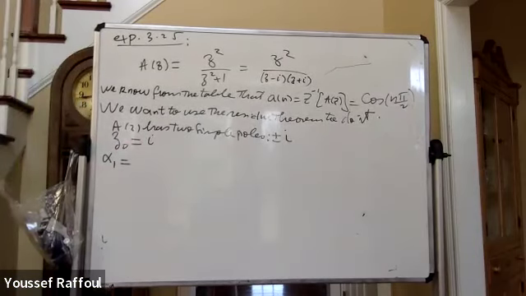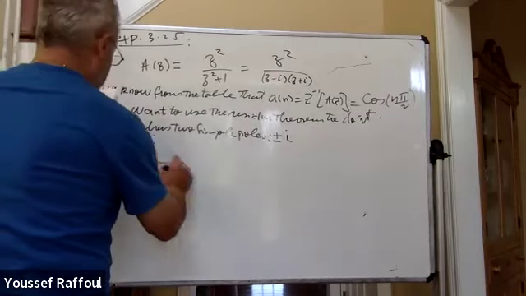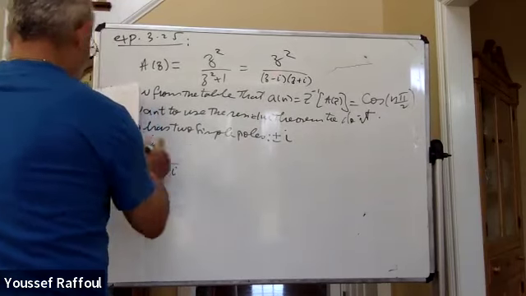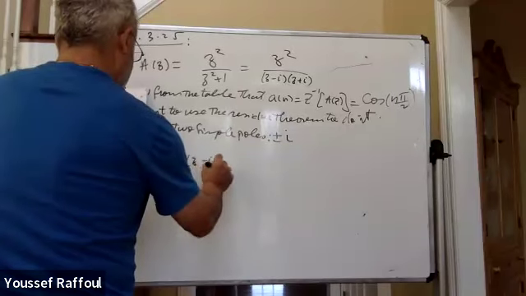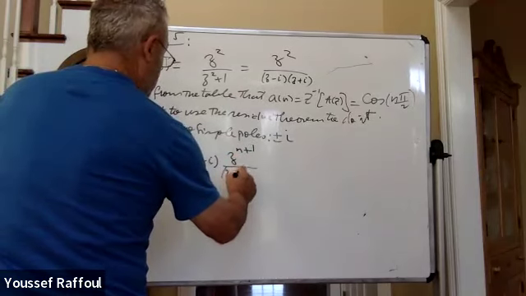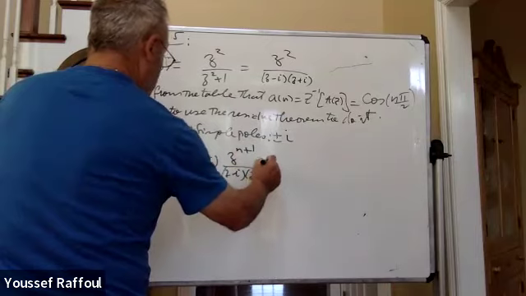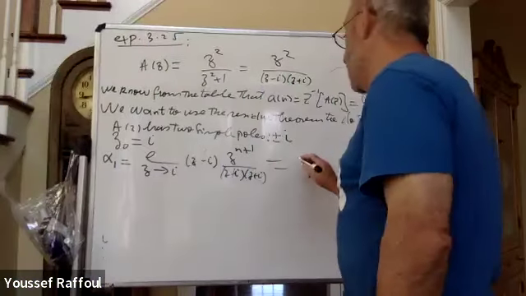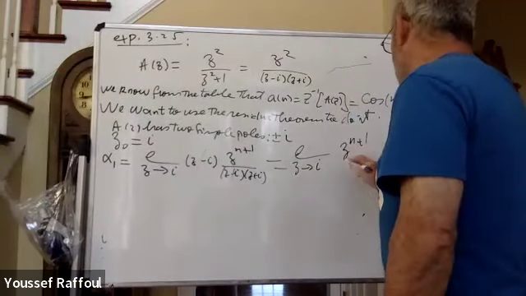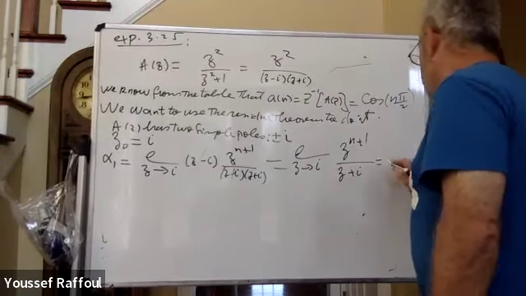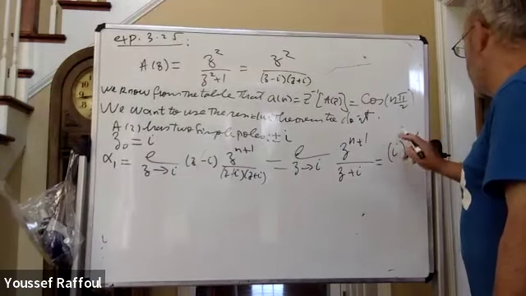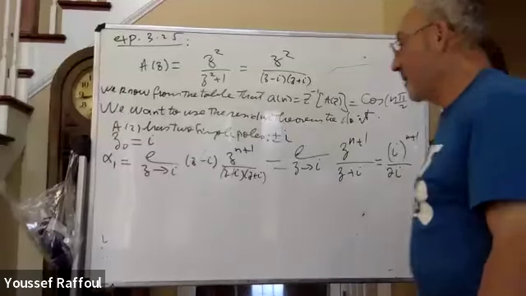Remember, alpha 1 is the limit as Z approaches i of (Z minus i) Z to the n plus 1 over (Z minus i)(Z plus i). So that is the limit as Z approaches i of Z to the n plus 1 over Z plus i. That is i to the power n plus 1 over 2i.